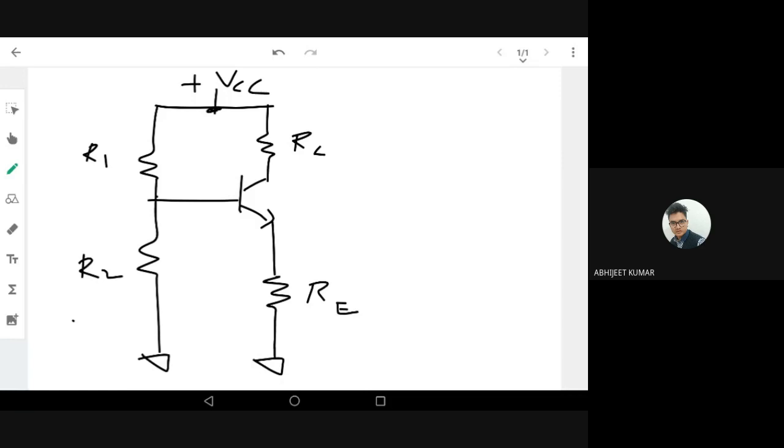What is the advantage here? Initially we were using two different supplies: VBB was separate and VCC was separate. That is not practical and not easy, since we'd need two separate DC voltages when designing. Here we use the same supply voltage VCC for the collector and the base, which makes things simpler. The name of this biasing is voltage divider bias.